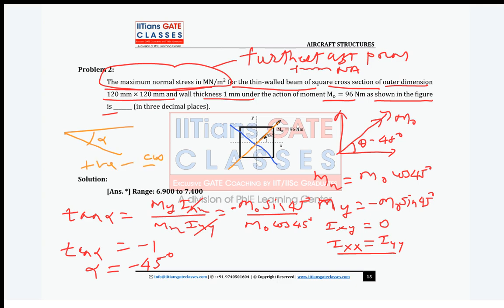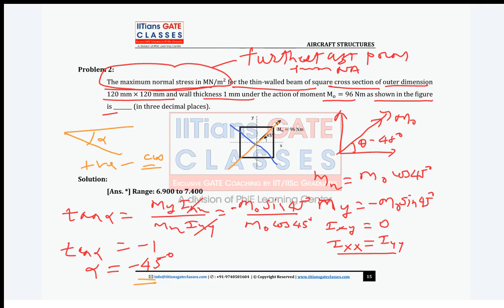Here alpha is coming negative, so it should be anticlockwise, right? Yes or no? So what is your neutral axis now, orange or blue? It's orange, okay? So you all got the neutral axis position, right?